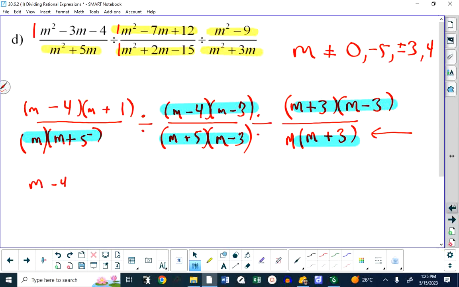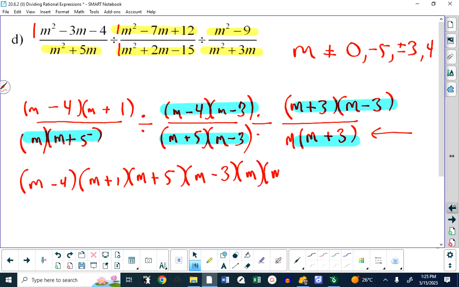M minus 4. I'm going to have M plus 1. I'm also going to have M plus 5. M minus 3. M plus 3. I'm flipping over this and changing it to a times. I'm flipping over this and changing it to a times. So this ended up on the top.